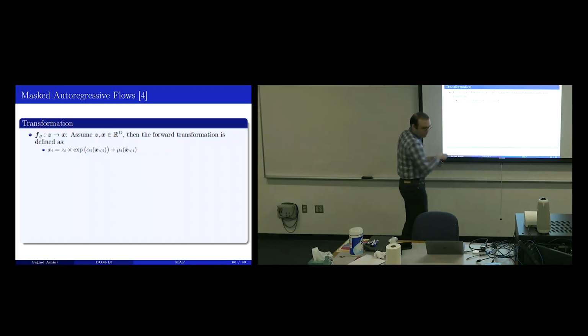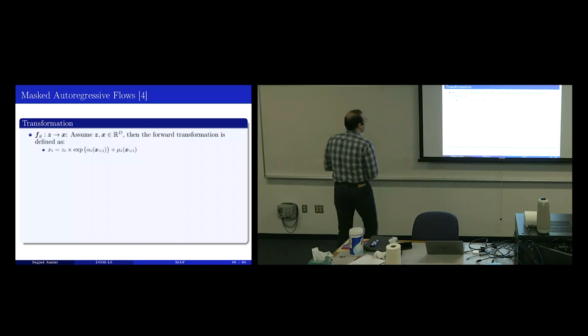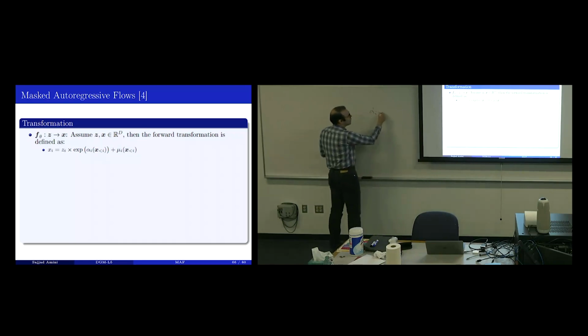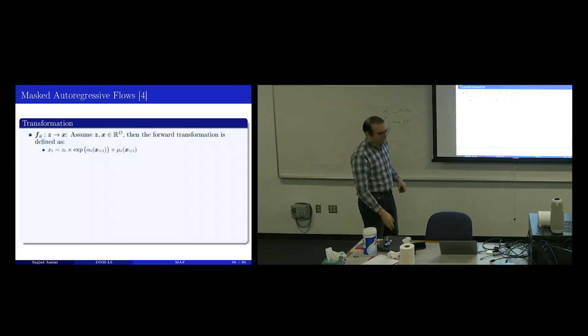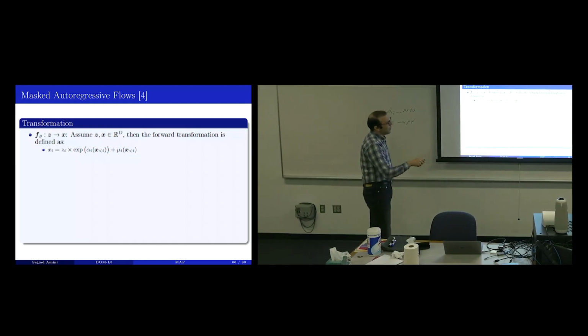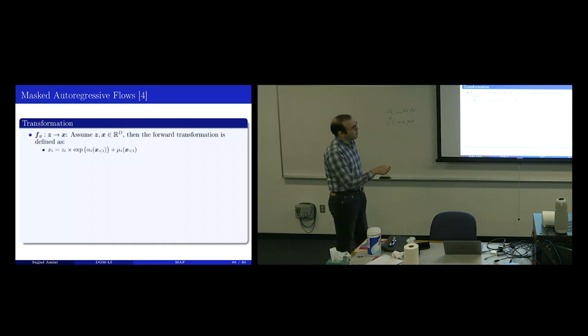Excuse me, what is alpha 1? Alpha 1 is a network. Alpha i is a neural network, and mu i is also a neural network. They are neural networks parameterized using the parameters of your transformation. It means that if you give them their input, they generate one scalar.